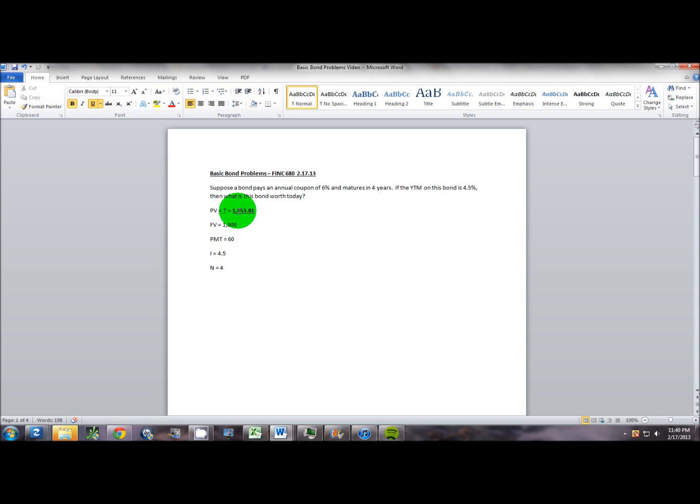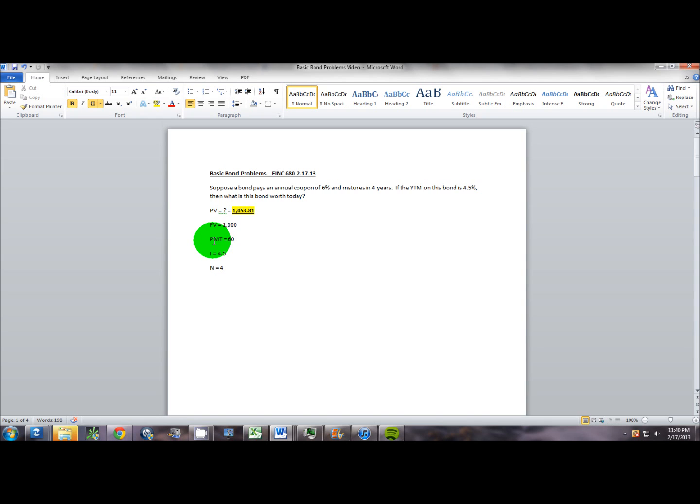Now, a quick reminder about the signs on your keys for your calculator. For bonds, if you remember in class, I said it's always going to be the same thing. You view the problem from your perspective, which makes your present value negative and your future value and payment both positive. I would always maintain that convention that will never steer you wrong for basic and even intermediate problems.